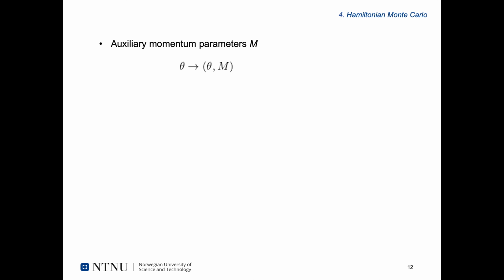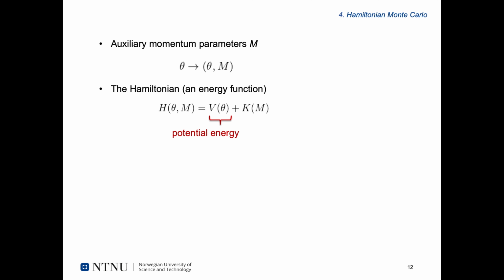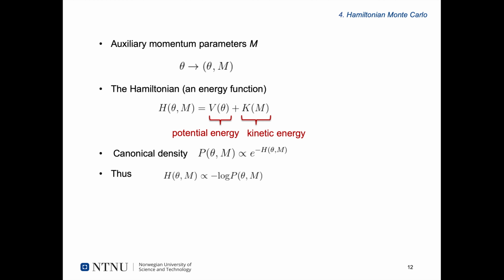In Hamiltonian Monte Carlo, imagine that the energy of a satellite is the sum of gravitational potential energy V, which depends only on the position of the satellite theta, and the kinetic energy, that is the function of momentum m. Then we define a joint distribution for our parameters theta and the momentum parameters m, which is called the canonical density, and relate it to the Hamiltonian.